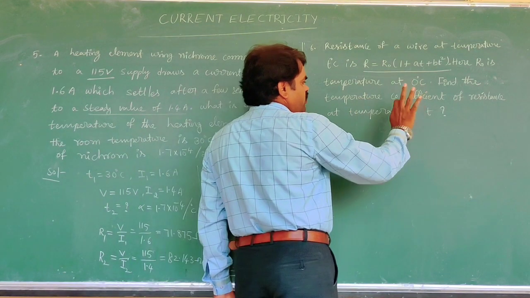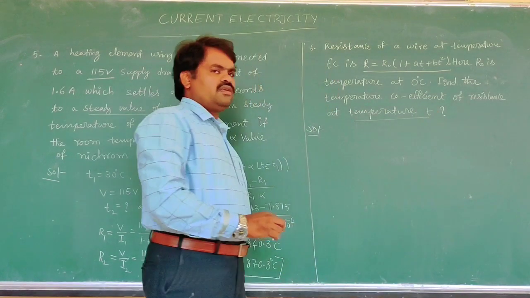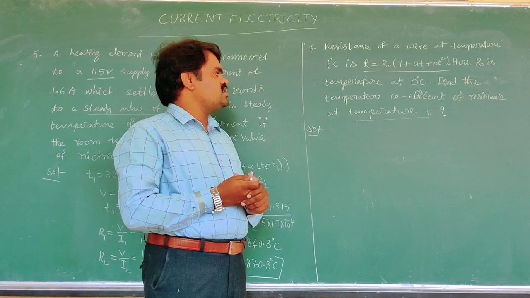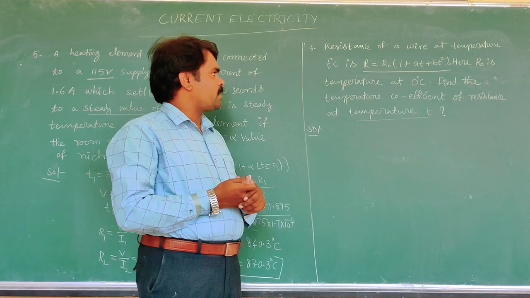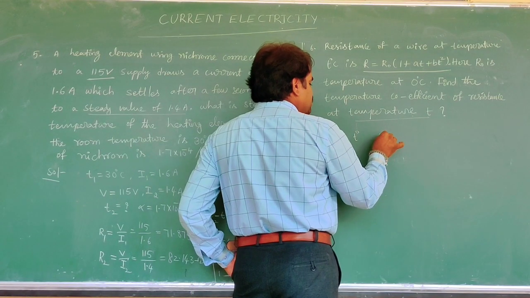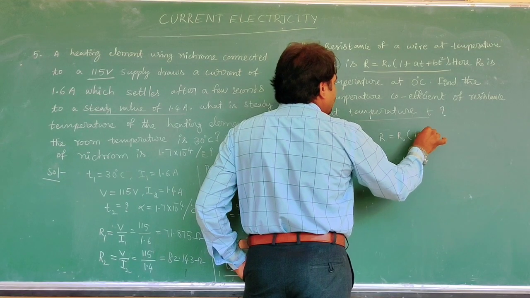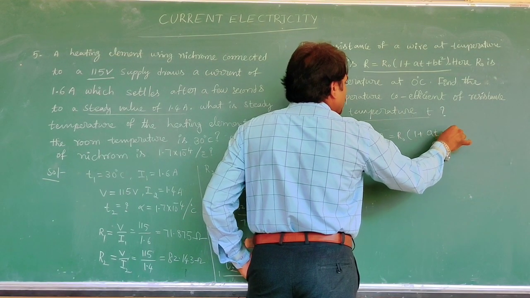Find the temperature coefficient of resistance at temperature T. At T degrees Celsius, what is the temperature coefficient they are asking? At T degrees Celsius, what is the resistance they gave? R is equal to R naught into 1 plus AT plus BT square.